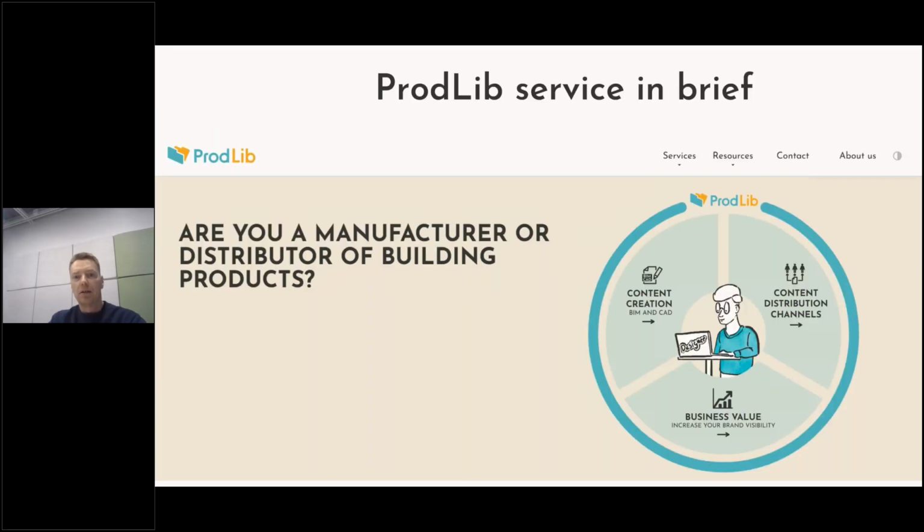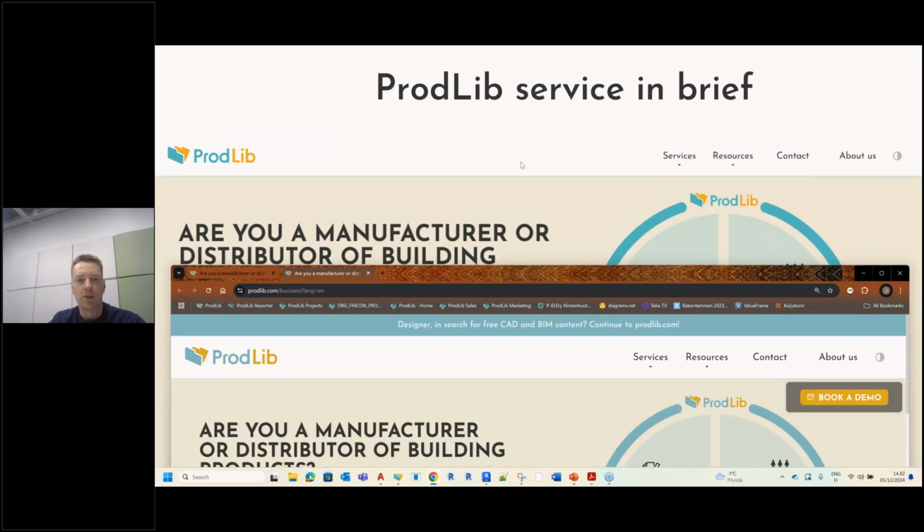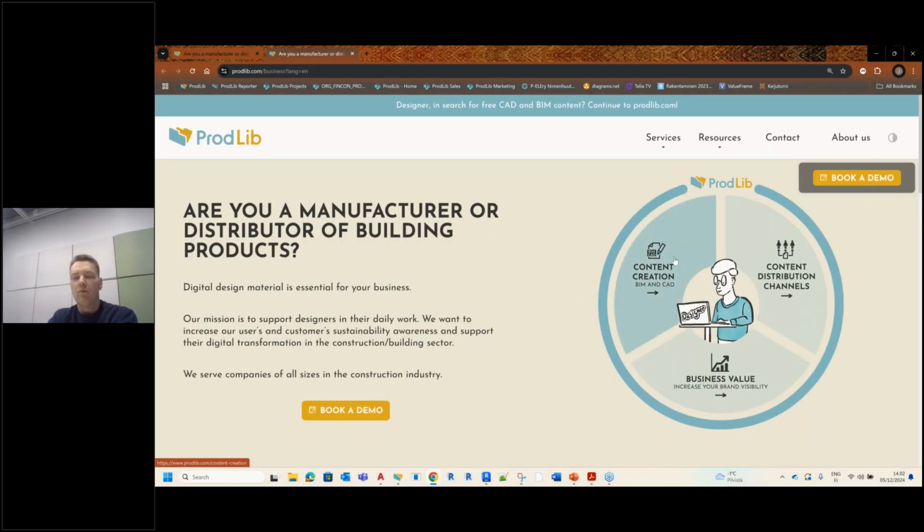But just a brief description. What is ProdLib? Hopefully this jumps to our web page, so it does. What we do is try to connect the manufacturing industry or different brands. It might be that you are a distributor of some product, and we connect you with the designers who are working every day with building projects and trying to find information about available services and products.